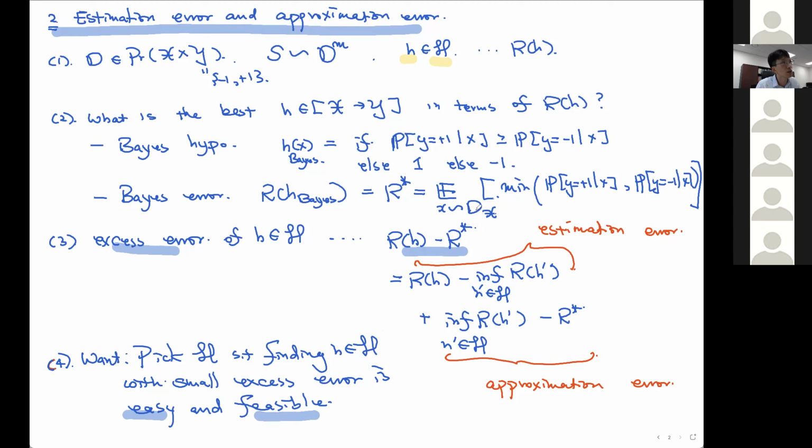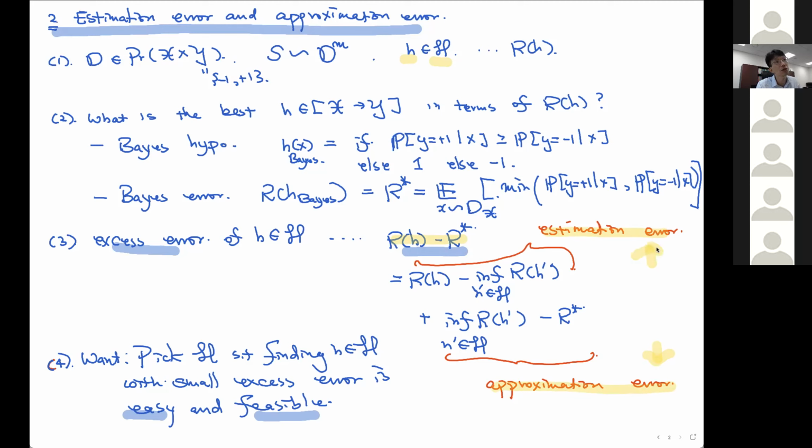Now, what is the excess error? The excess error is decomposed into the estimation error and the approximation error. If our hypothesis set is very rich, the approximation error, the second term, is going to be very small. On the other hand, because our hypothesis set is so large, finding a hypothesis with a small estimation error based on the sample may be very difficult.